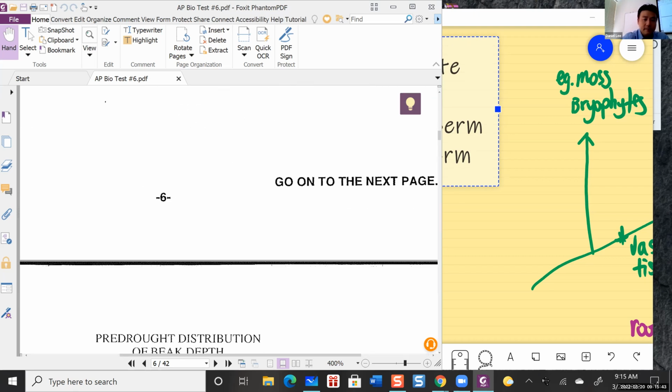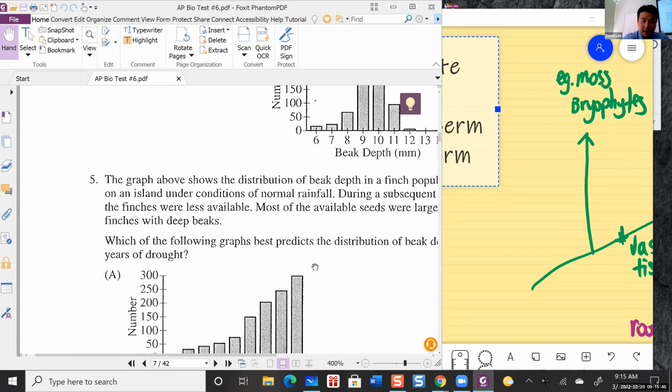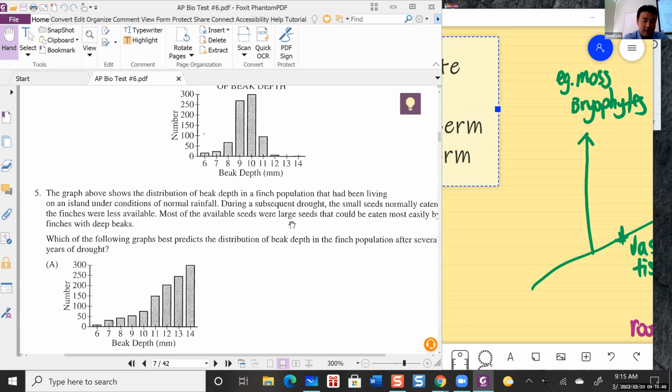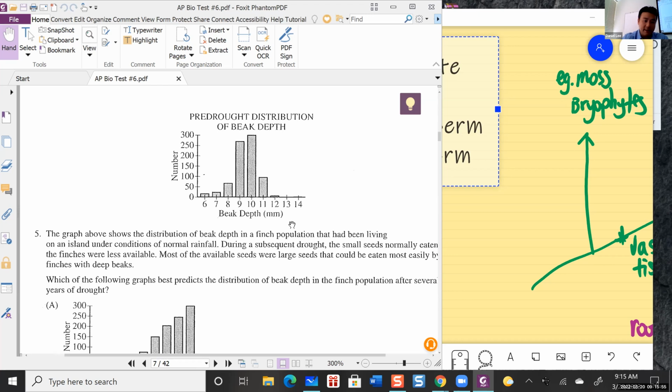Let's look at number 5. We'll get to those questions quickly. Number 5 is not too bad. The graph above shows the distribution of beak depth in a finch population. So we're talking about finches, right? You can see the deeper the beak, probably the longer and larger, and they will specialize in different types of food.